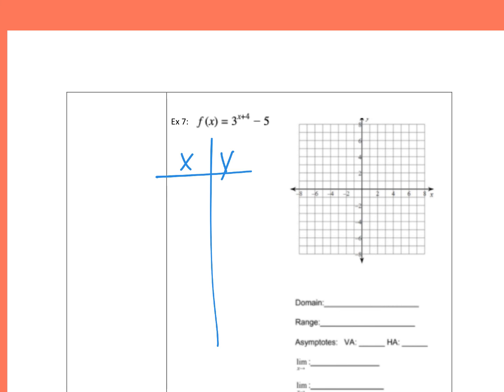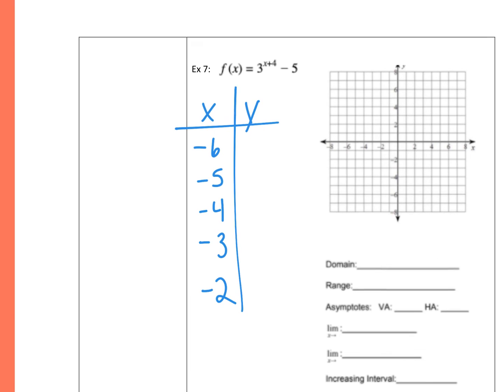You set the exponent equal to 0, it gives us -4. Now what? Okay, what are they? Perfect. Now what? Plug them in, plug them in.